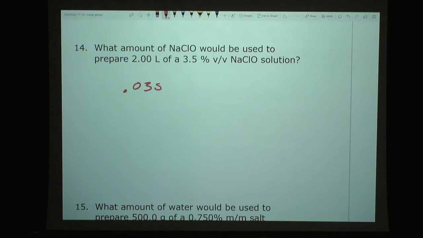So if I'm going to set this up, I'm just going to go ahead and start with my 0.035 as my percentage. That's going to be equal to my solute, which we don't know. My solvent is 2 liters. Agreed? Solve for X here, multiply by your 2.00.